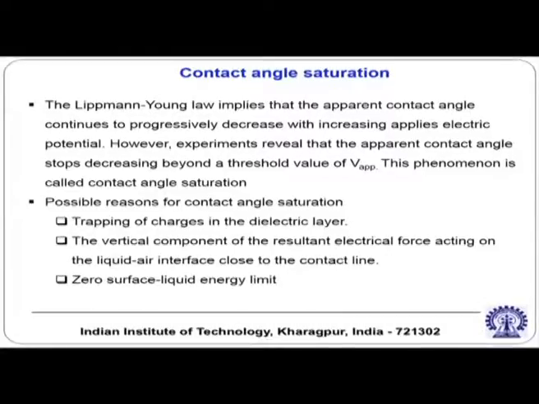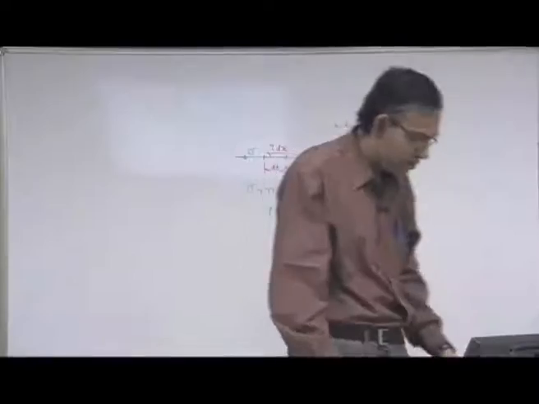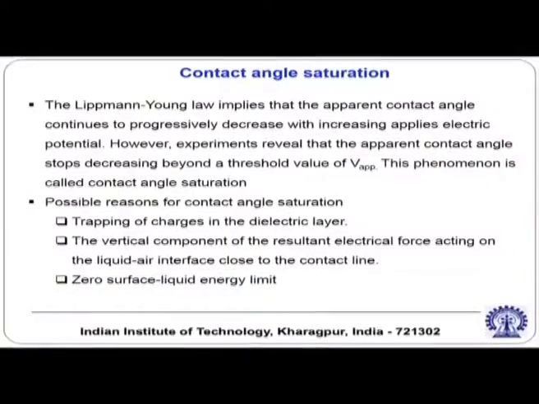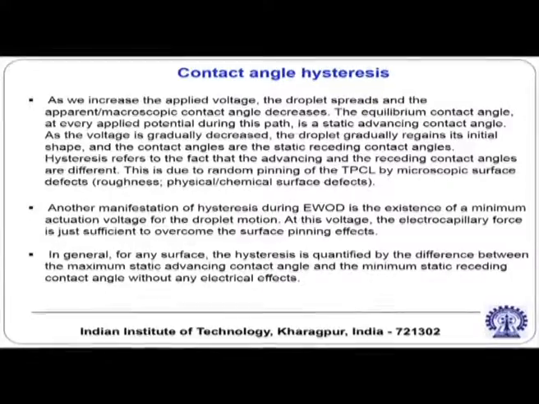So, trapping of charges in the dielectric layer, the vertical component of the resultant electrical force acting on the liquid-air interface close to the contact line, or a limit which is prescribed by zero surface energy limit. So, these are some of the possible explanations which have been given, but there are still many open questions to be answered.